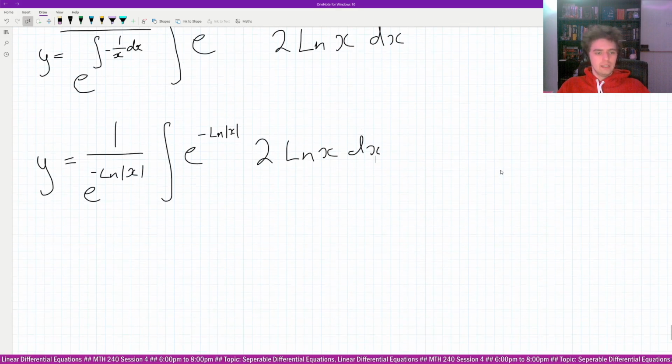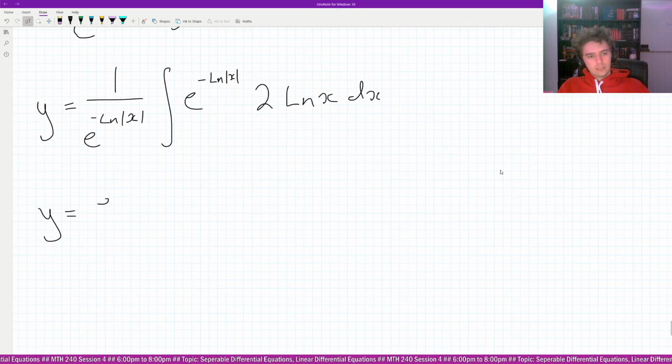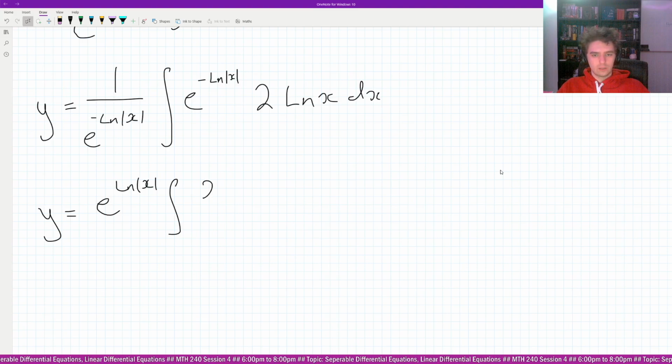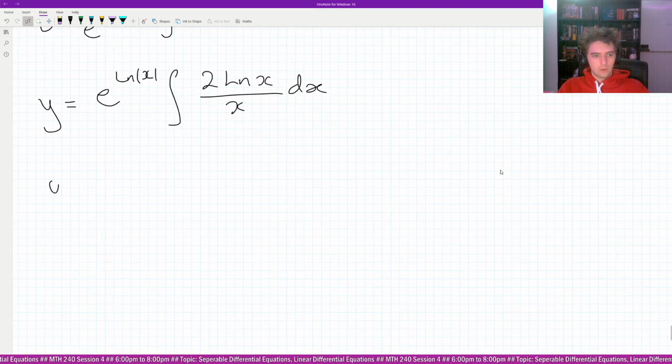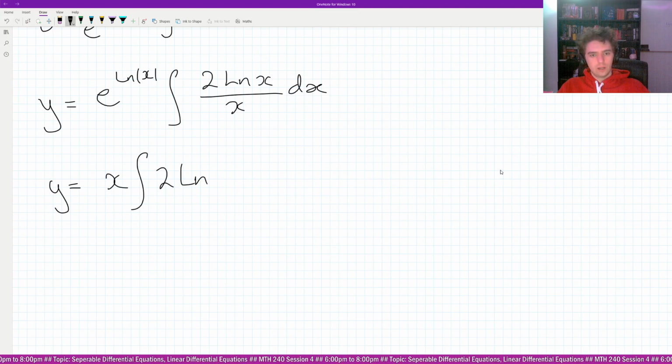Okay, now y equals e to the ln absolute value of x, times the integral. E to the ln absolute value of x is just x, so no absolute value either. So 2 ln x over x dx, and now y equals x times the integral of 2 ln x over x, I'll move the 2 to the front, dx.